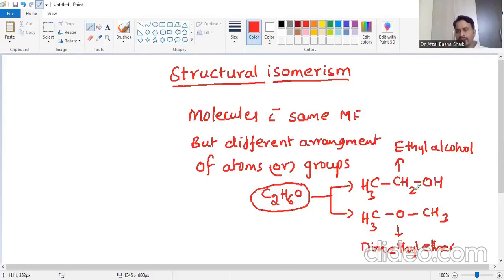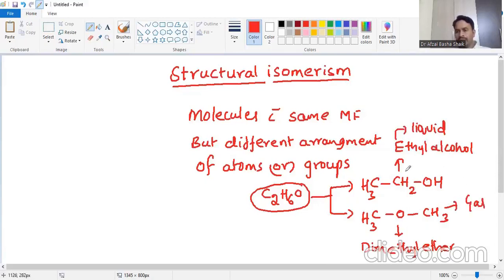Why is it essential for us to understand isomerism? Because due to the change in the structural features of these two compounds, both have different properties. For example, ethyl alcohol is physically a liquid, whereas dimethyl ether is a gas.